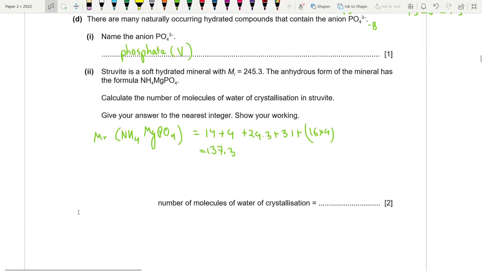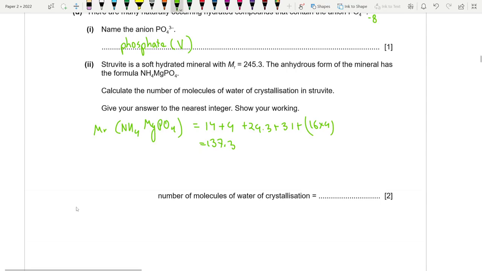Okay, that's good. Now, what about the Mr of water? We know that the Mr of H2O is 18. So we can find out how much of this hydrated salt is composed of water essentially.